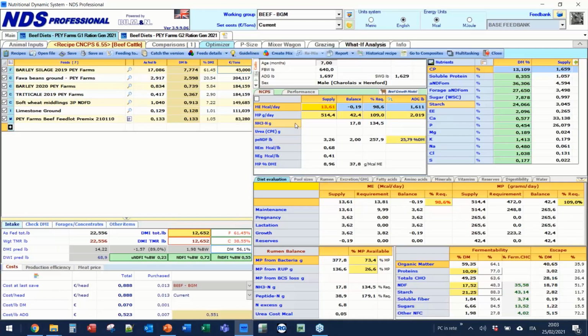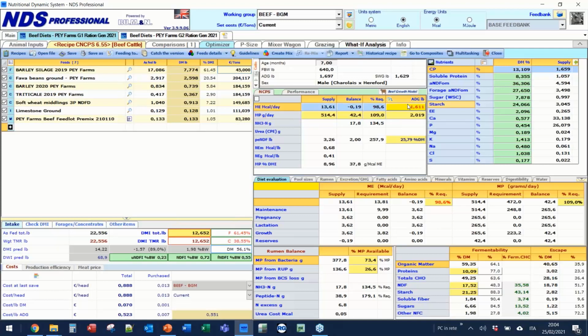Okay, so here I am highlighting the average daily gain allowed by ME supply and average daily gain allowed by metabolizable protein.